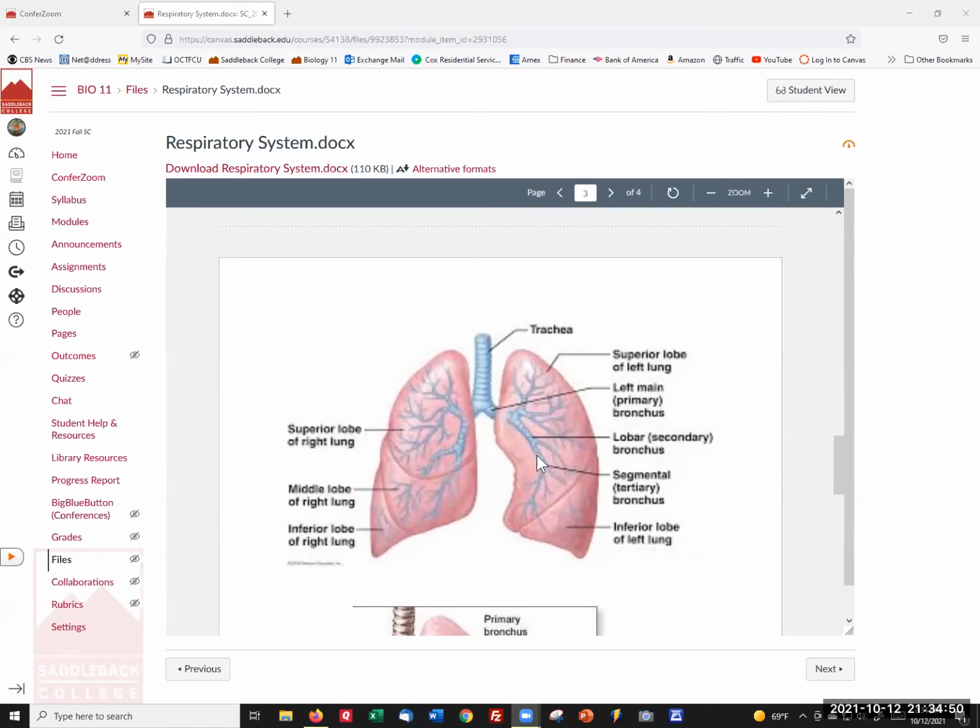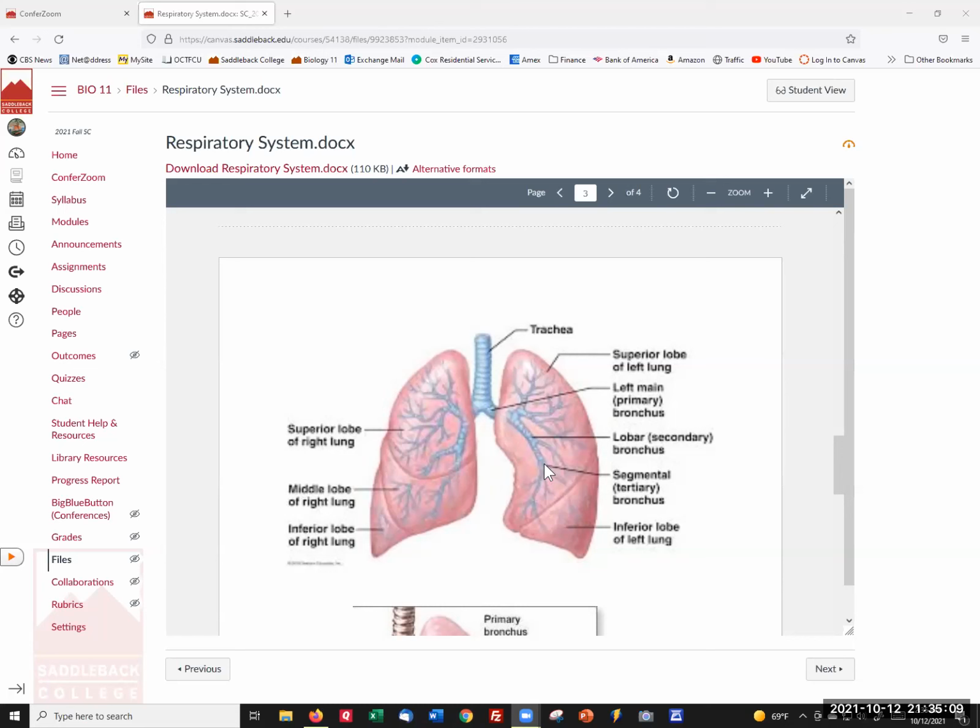Once the secondary bronchus enters into one of the lobes, and it only gets one, it will split. And anastomose is the proper word, but I've never heard anybody use it.